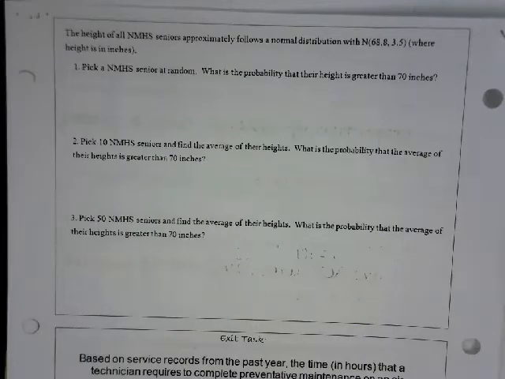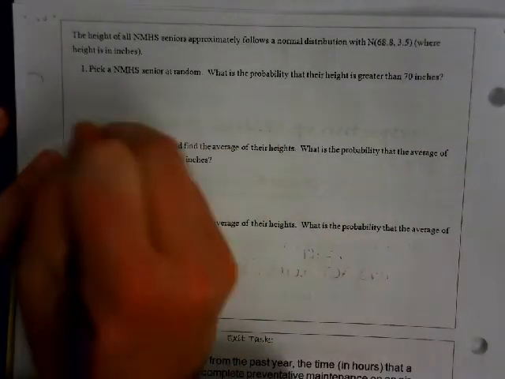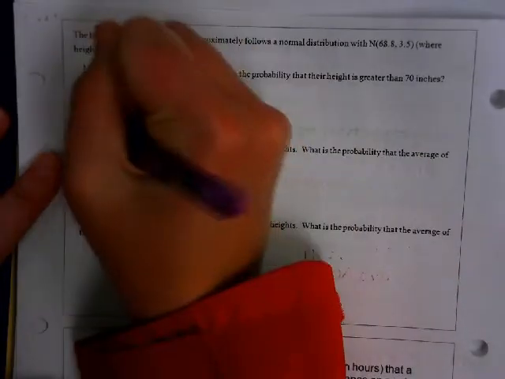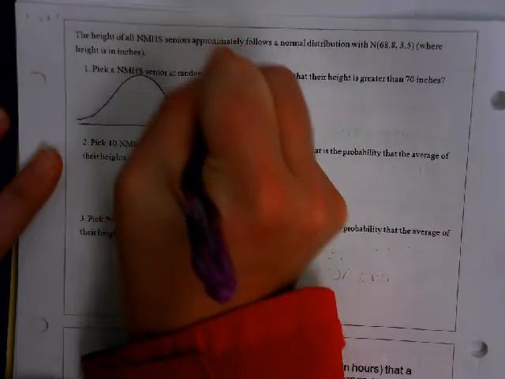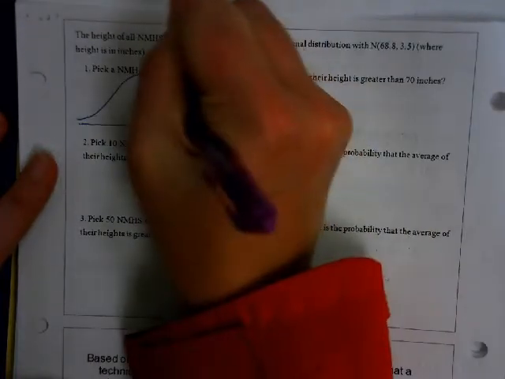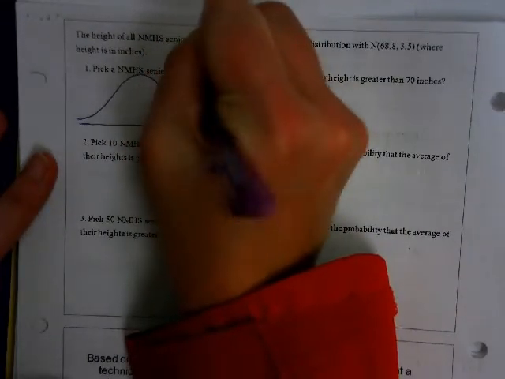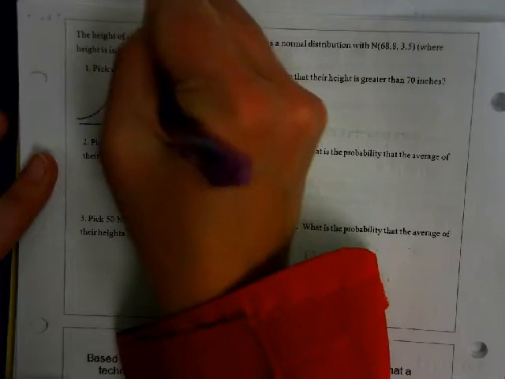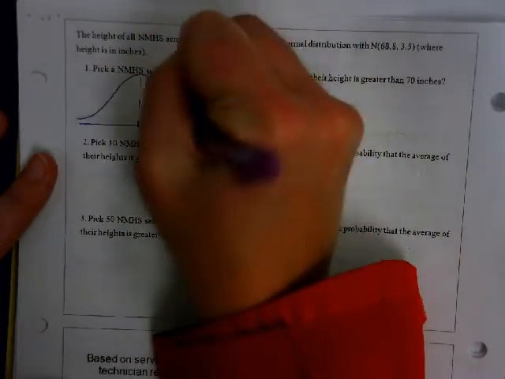All right, so we're going to pick a senior at random. What's the probability their height is greater than 70 inches? So we have our normal distribution. 68.8 inches, standard deviation of 3.5. I'm going to use pencil because I can write smaller in pencil.